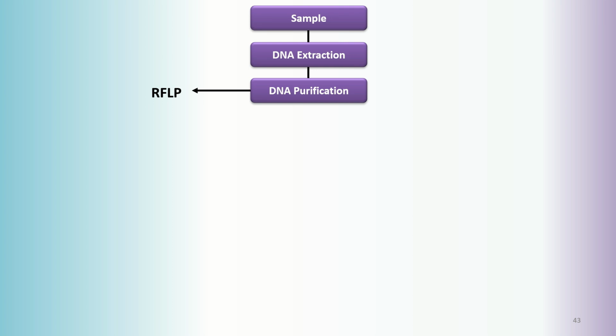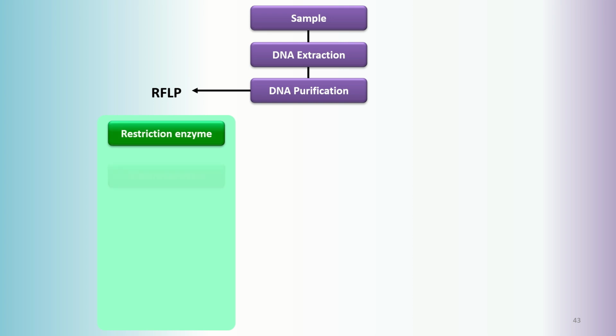The first is RFLP, or restriction fragment length polymorphism. It is a traditional method, using a certain enzyme to digest the sample, then the fragments are separated using electrophoresis.